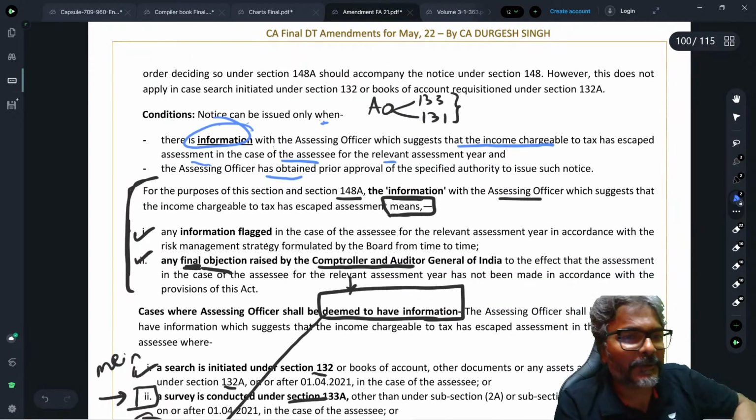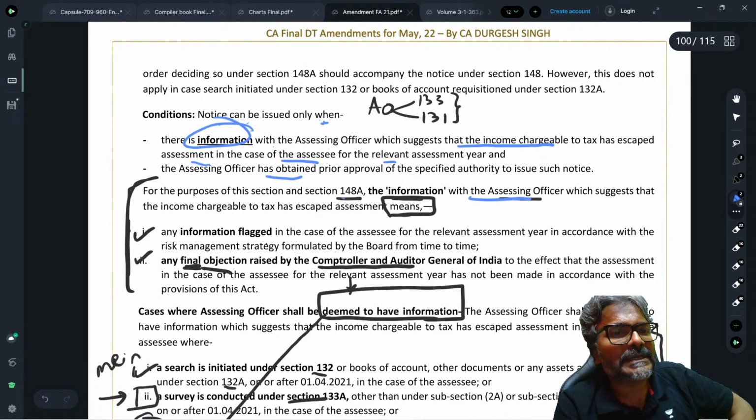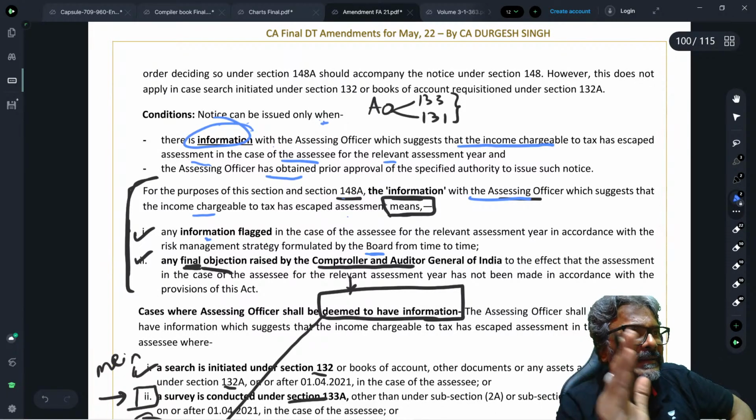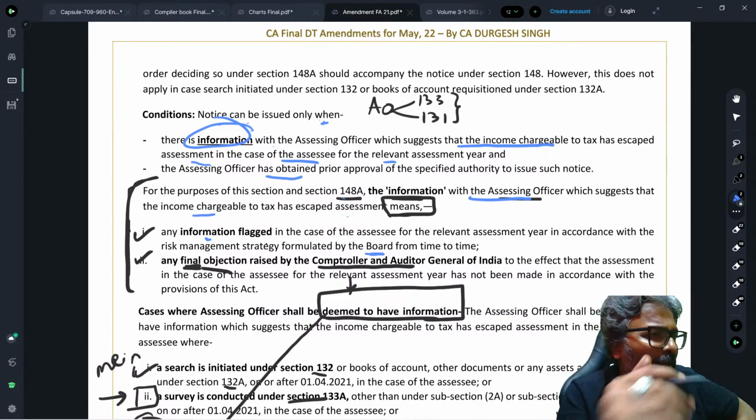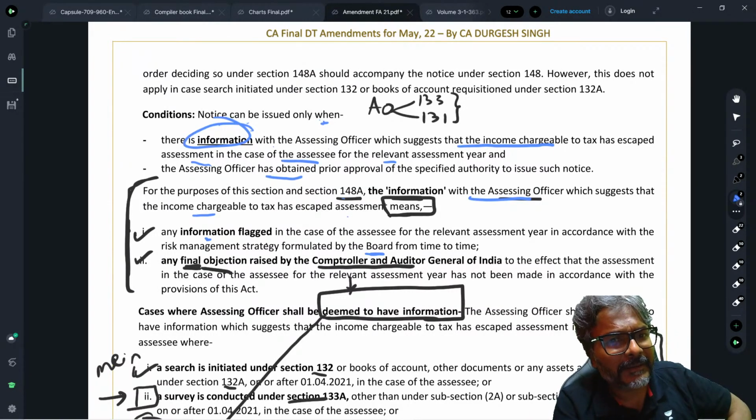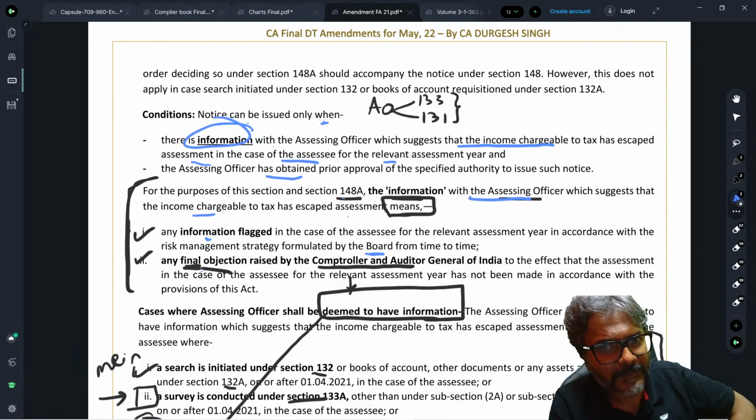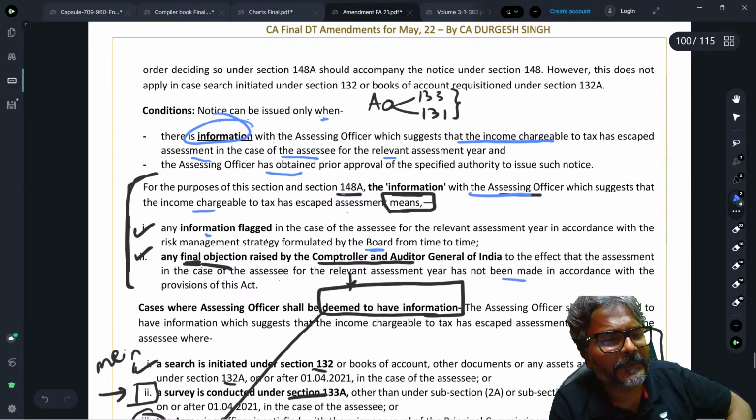Now, for the purpose of section 148A, the information with the AO which suggests that the income chargeable to tax has escaped assessment means what? Information which is flagged. Flagged by whom? Flagged by the CBDT, which has an automatic risk information system flagged for internal purposes of the department, and any final objection raised by the CAG to the effect that the assessment in the case of the SSC for the relevant AY has not been made in accordance with the provisions of the Act.